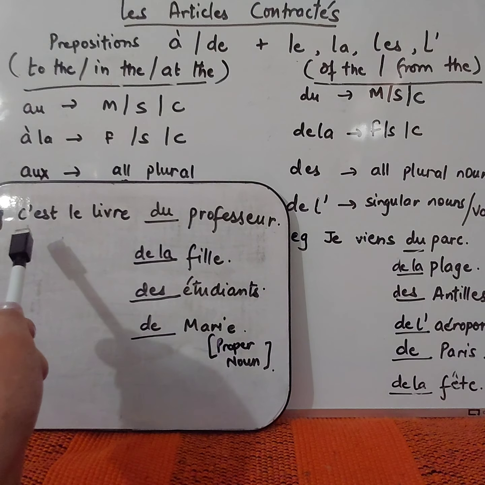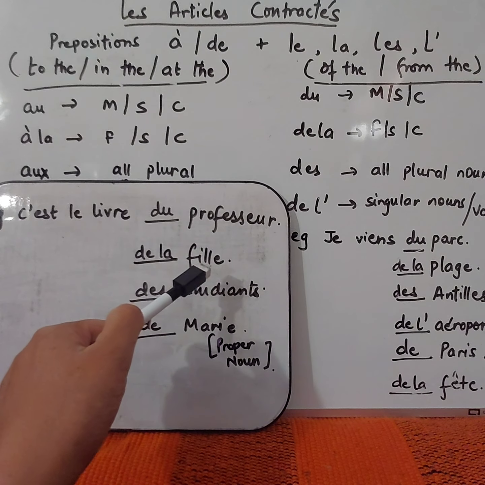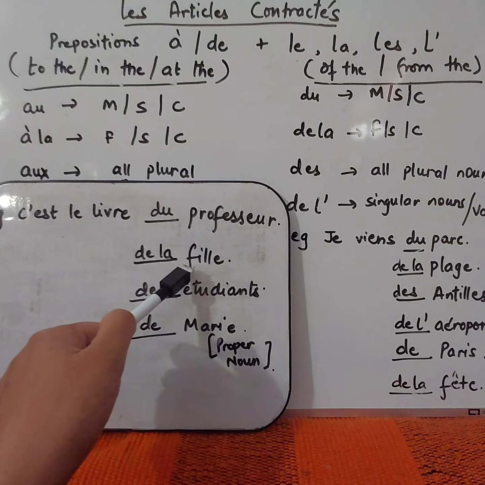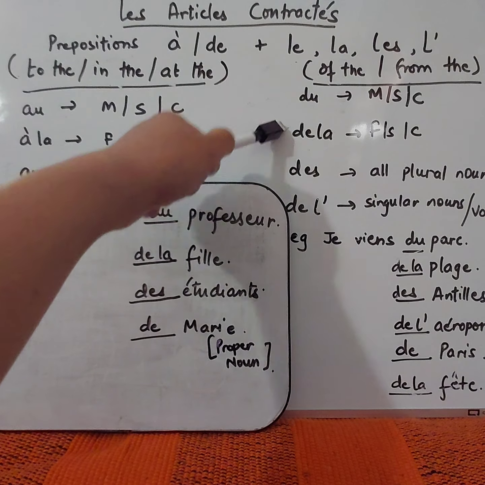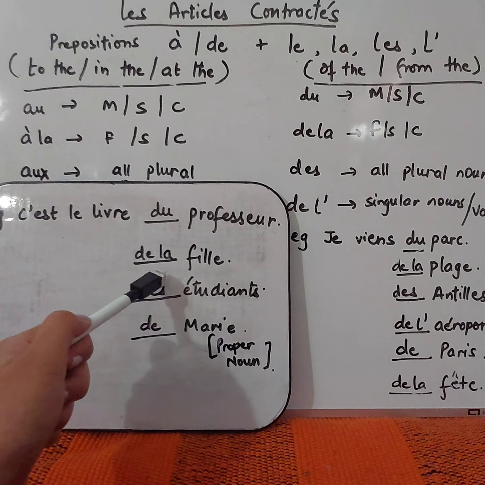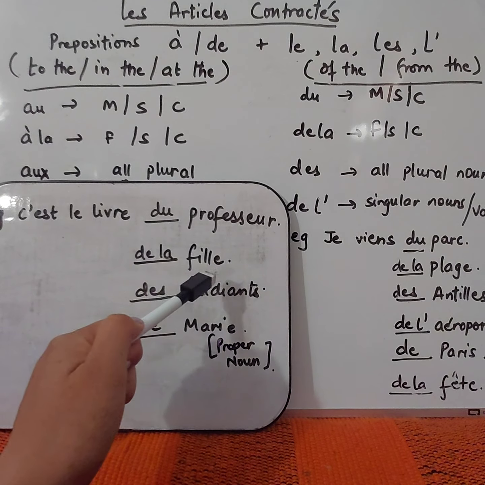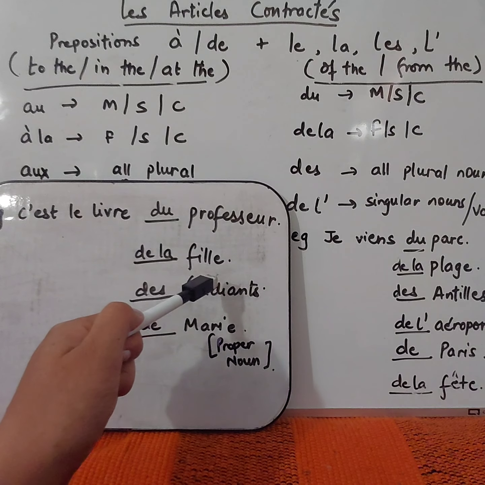Similarly, if I have to say this is the book of the girl, now girl is a feminine singular noun, right? And it is beginning with a consonant. So for feminine singular nouns beginning with a consonant, for writing "of the", I will take de la. So again I will say c'est le livre de la fille. That means this is the book of the girl.